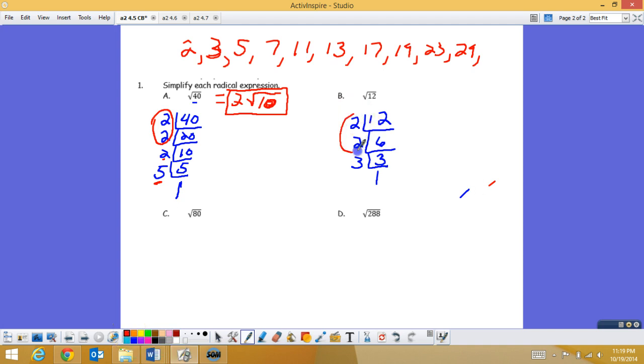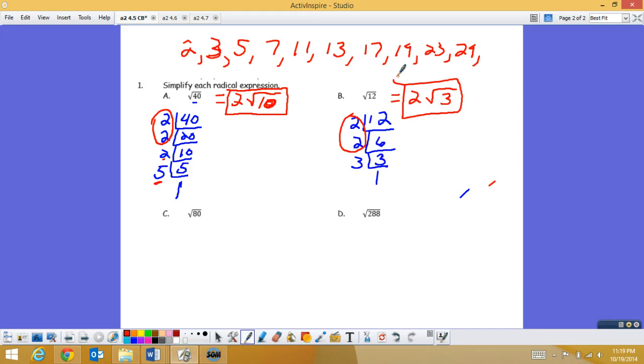So I've got a pair of 2's, so that's going to go outside. And what's left over that's not a part of pairs goes inside, which in this case is just 3. So 2 square root of 3.